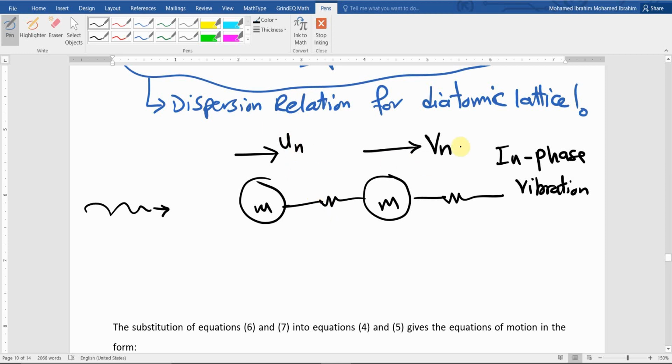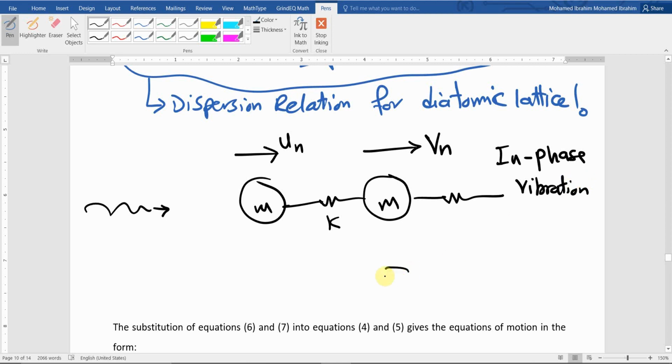If un is identical to vn and in the same direction, the spring in the middle will have no vibration. But if un is bigger than vn, the spring in the middle will be compressed. If vn is bigger, the spring in the middle will be stretched. But anyway, since un and vn are in the same direction, this is known as in-phase vibration.